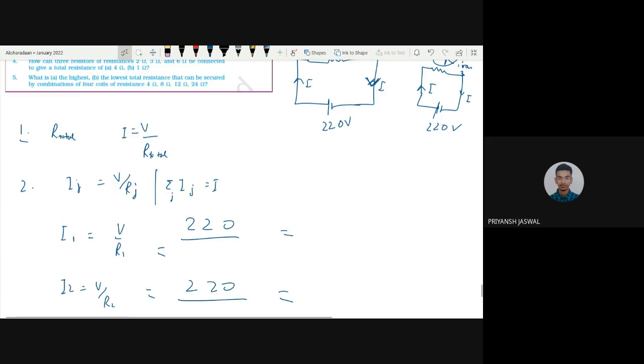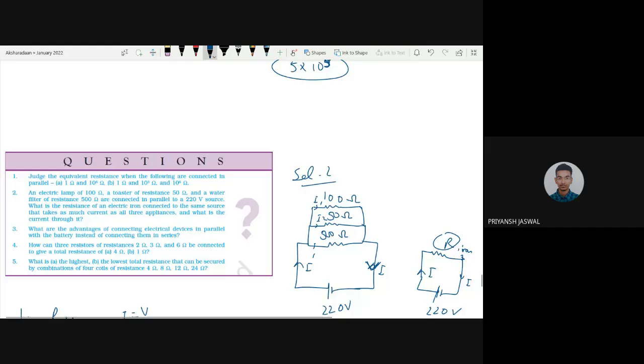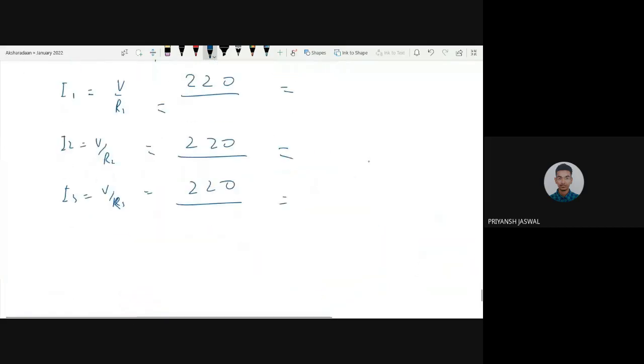I1 is this one, I2 is this one, and I3 is this one. So 100, 50 and 500. This becomes 2.2 ampere. This is double, so 4.4 ampere. This one becomes 0.44. No.